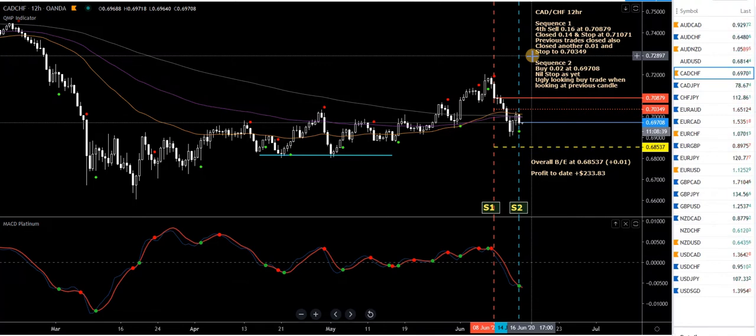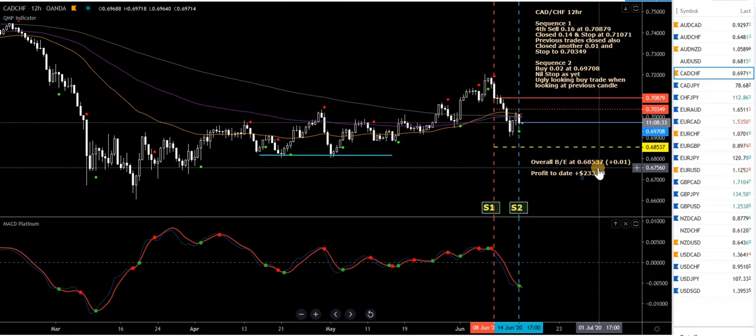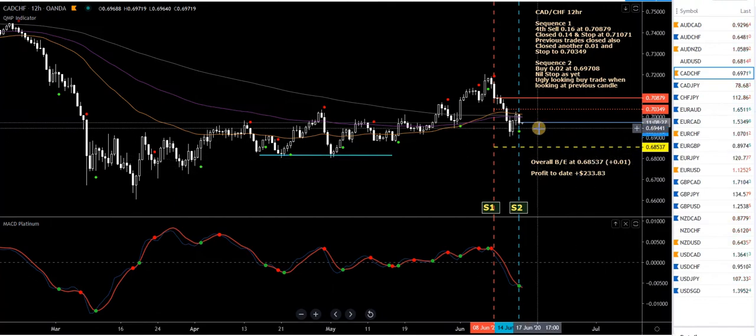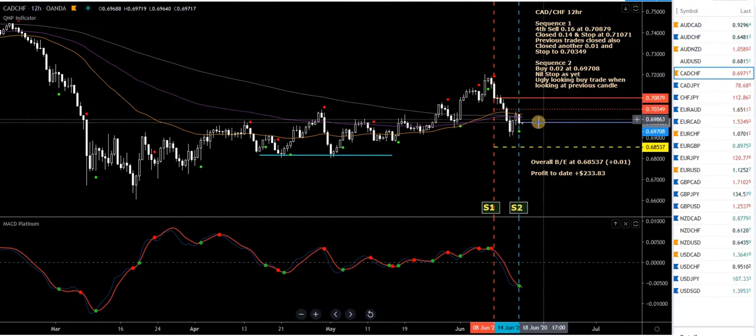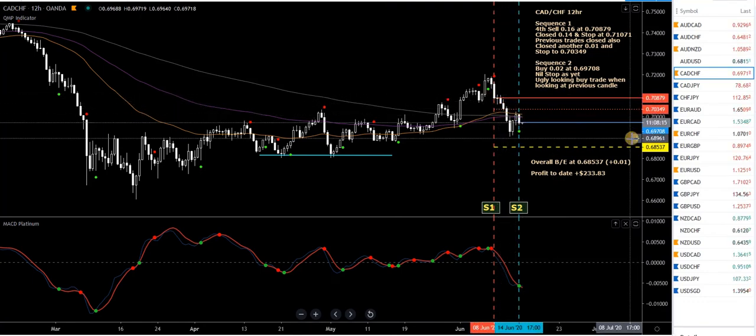So my overall break-even for all trades is at this yellow level, 68537, because that's net positive, plus 0.01. As long as price remains above that, I can close both trades out in profit. So it's a CAD Swiss new buy trade, took another partial close on my sell and moved my stop down, just tightening things up a bit.